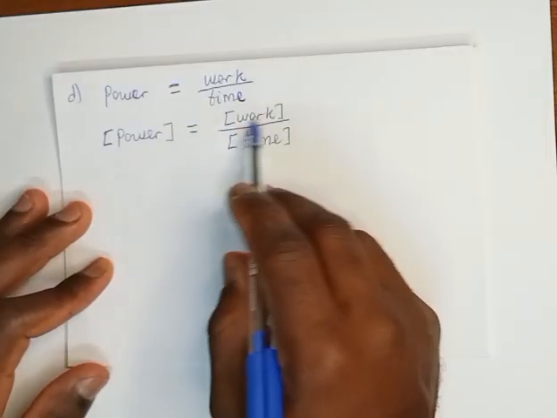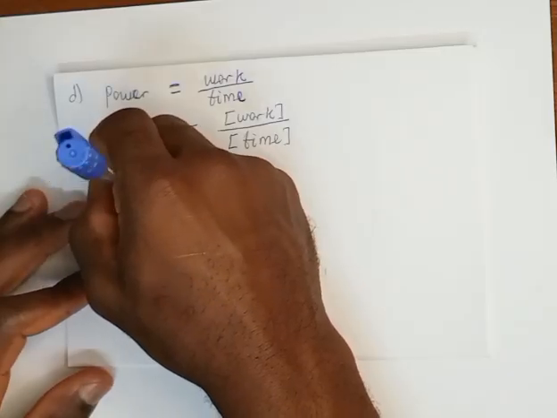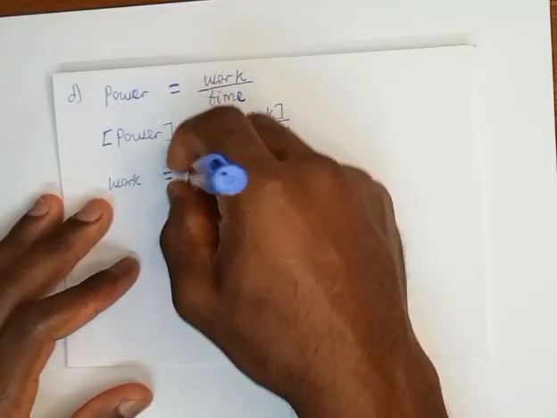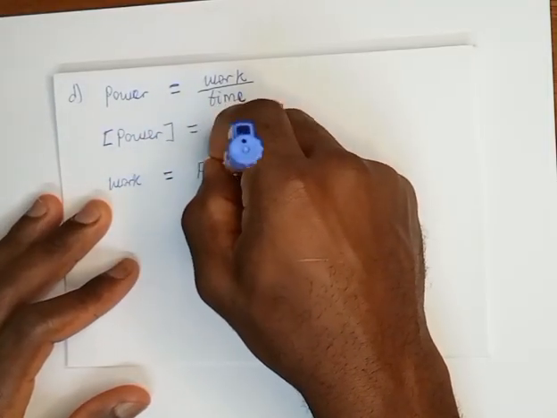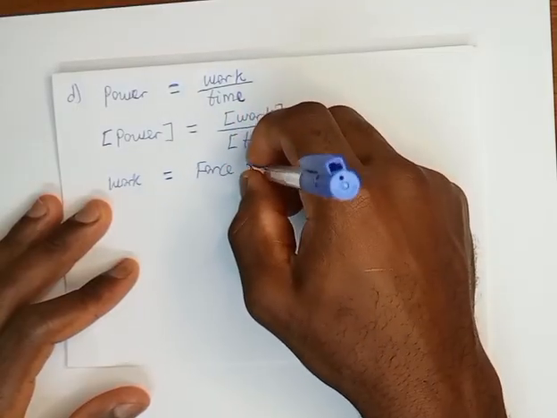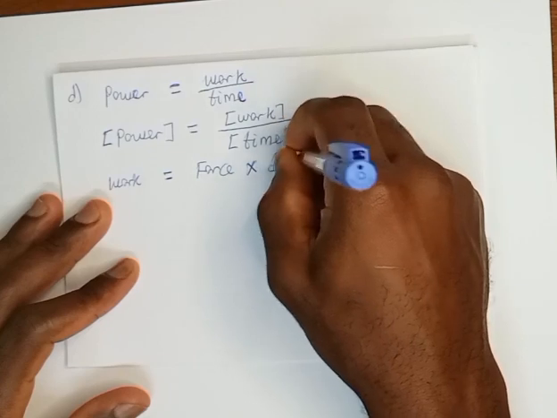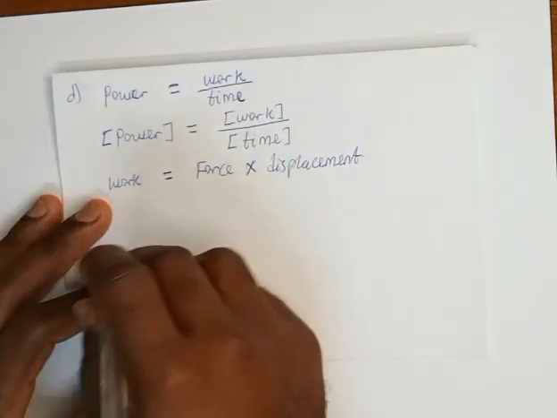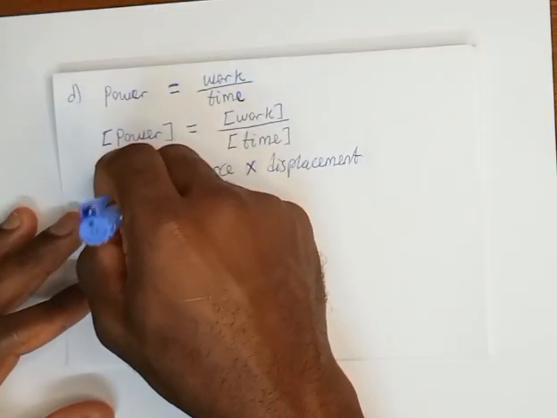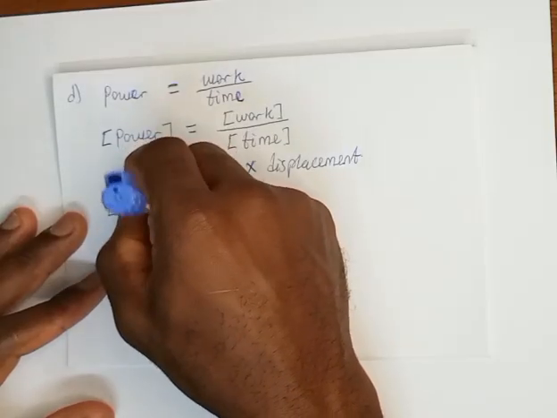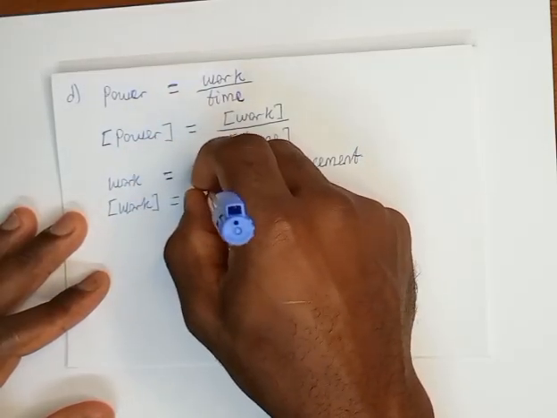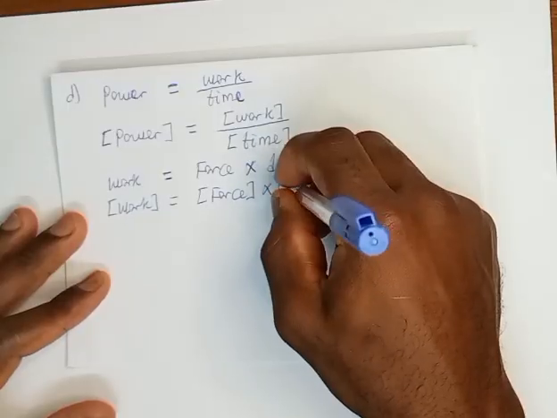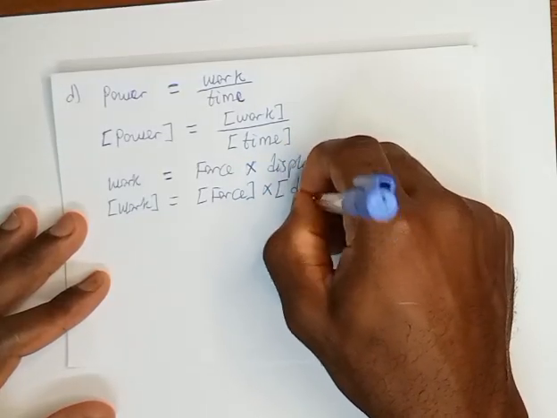We are to find the dimension of work. Work is simply equal to force times displacement. It simply means the dimension of work will be equal to the dimension of force times the dimension of displacement.